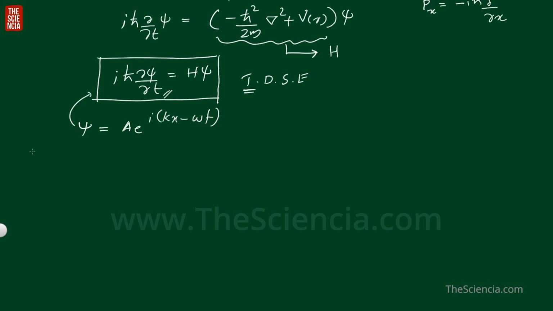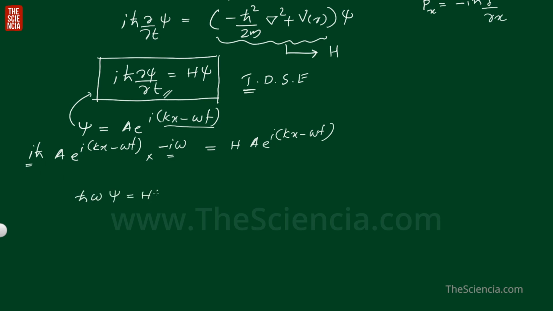What we get: i h cross dou psi by dou t, that is A e raised to i(kx minus omega t) into the derivative with respect to time, which is minus i omega, equal to H into psi, that is A e raised to i(kx minus omega t). Here there is an i, and here also i, so i into i is minus 1, and minus 1 into minus 1 is positive, so we get h cross omega psi is equal to H psi.